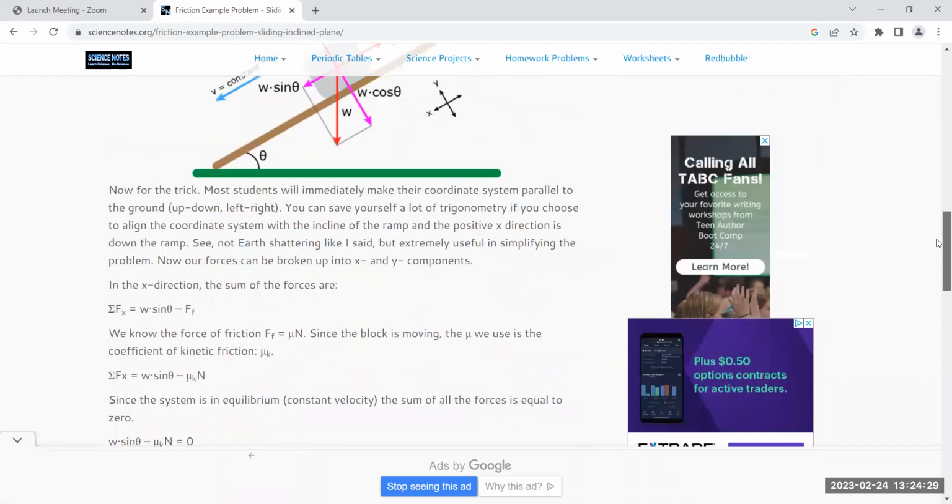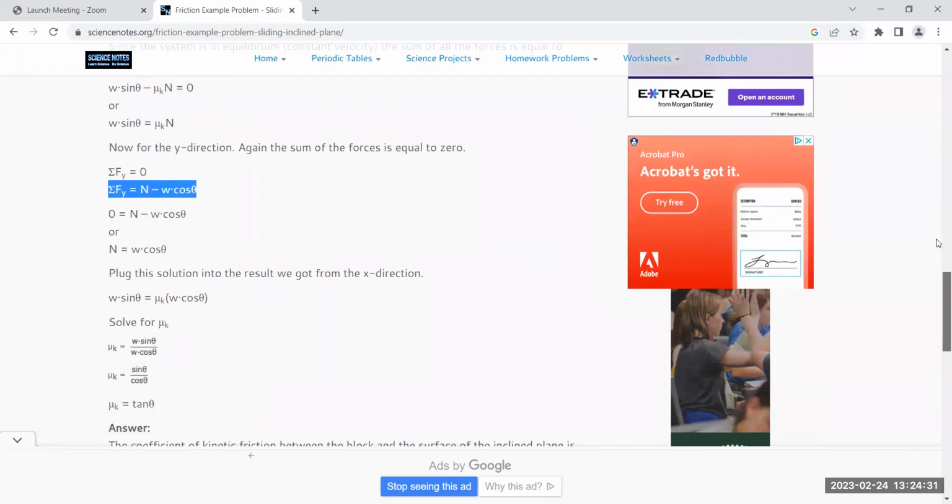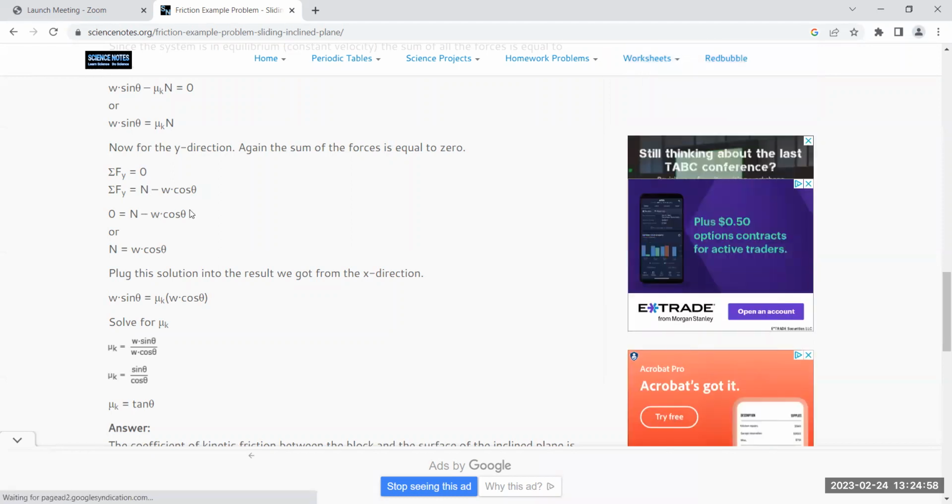Well, okay, that's all we have. So we can do normal force plus that other Y force. Now remember, we chose our Y direction to be kind of down and to the right, so we have to account for that negative sign. So we get the forces in the Y direction are equal to N minus W cosine theta.